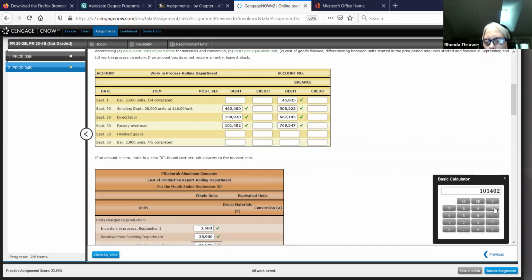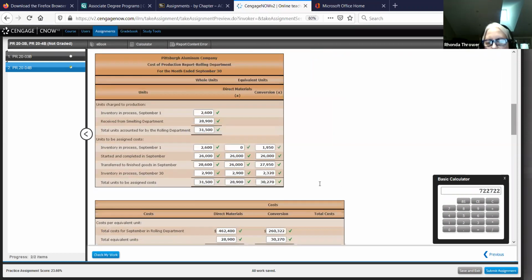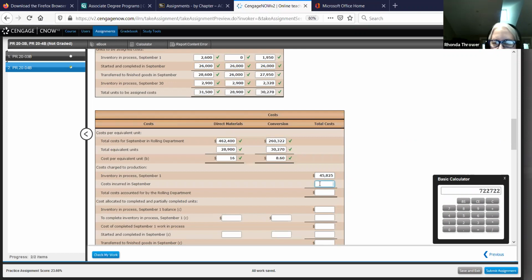All of that combined is going to equal $722,722.